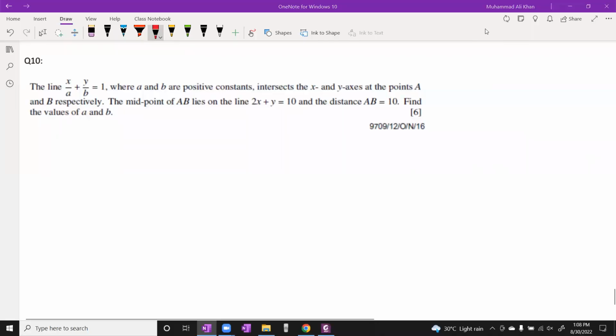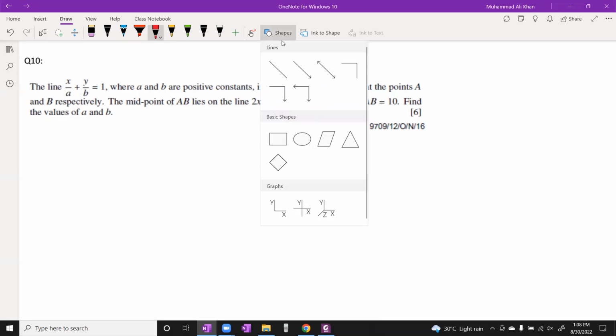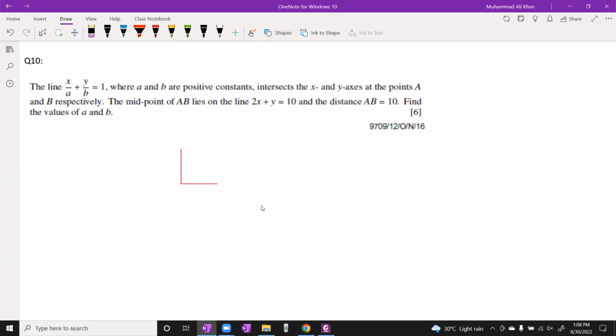Okay, students, now in question number 10, the line intersects x-axis and y-axis at points A and B respectively. Okay. Let's say a line is here.